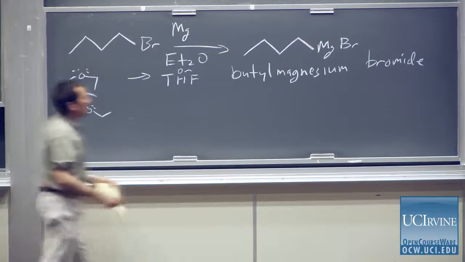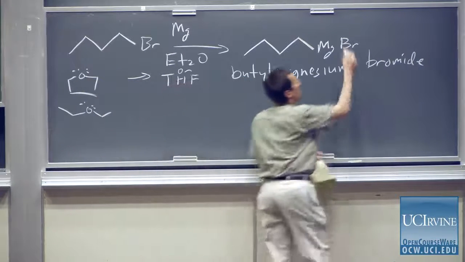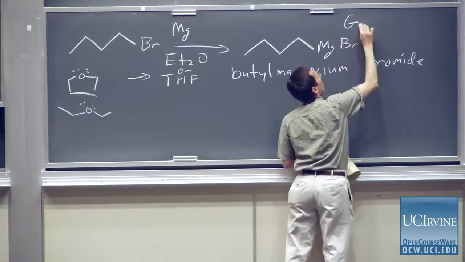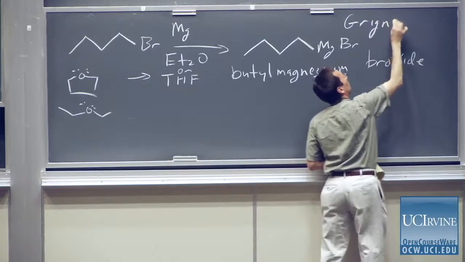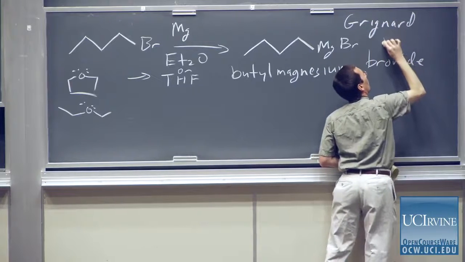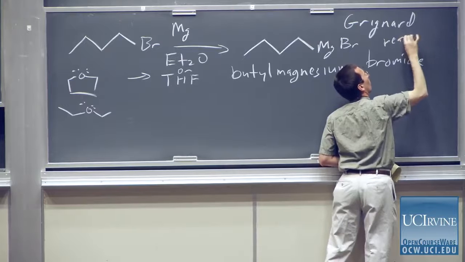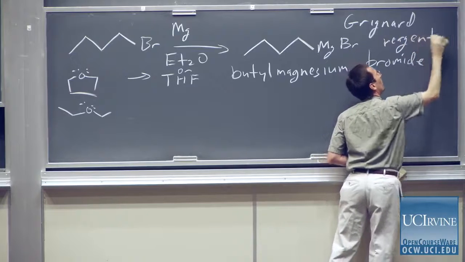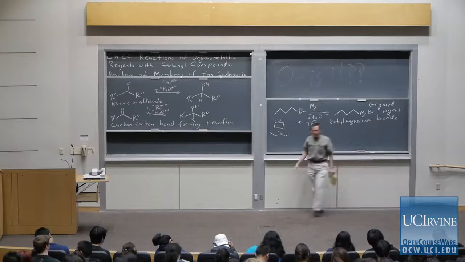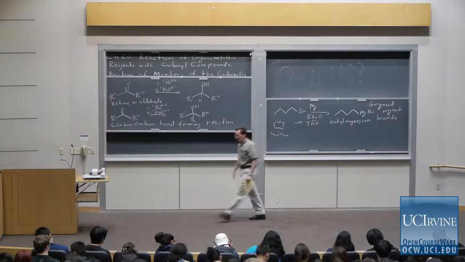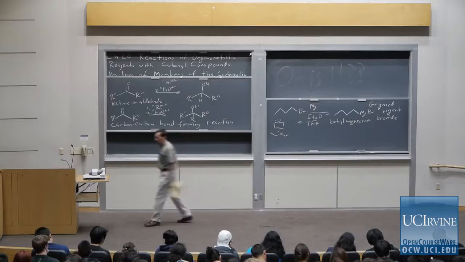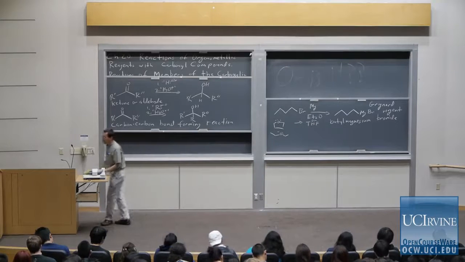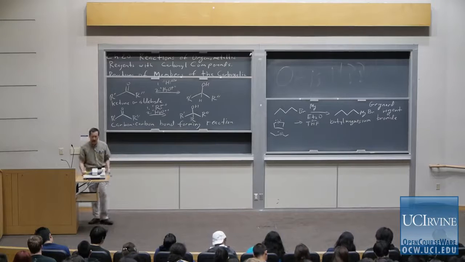Anyway, as I said, the broader category of this is a Grignard reagent. And you can make these from anything from bromo or chlorobenzene to alkyl bromides to methyl iodide.